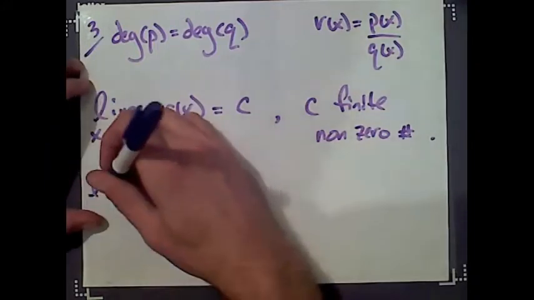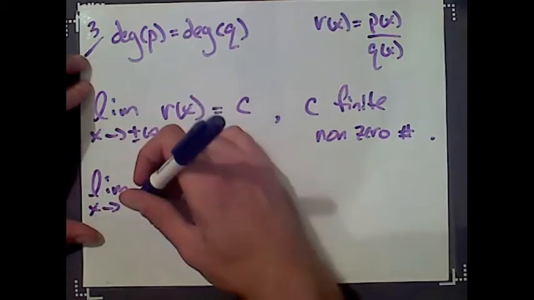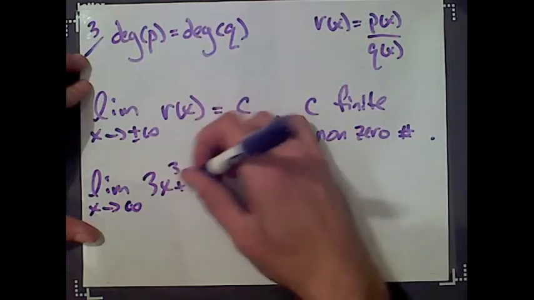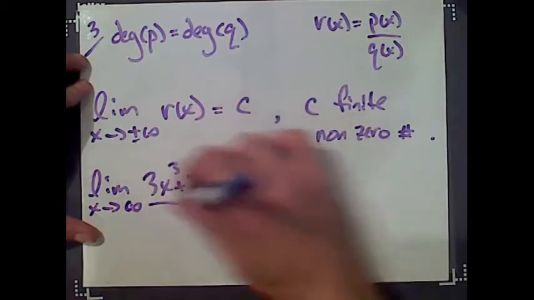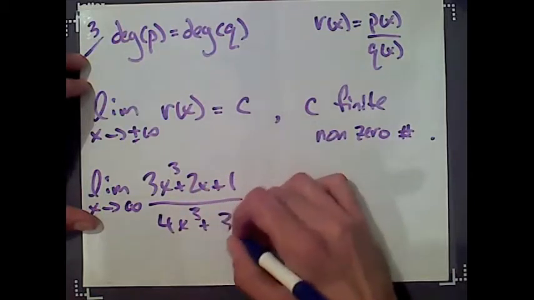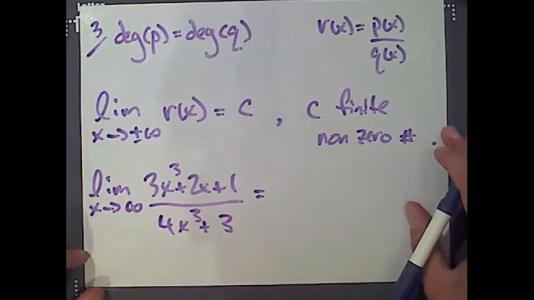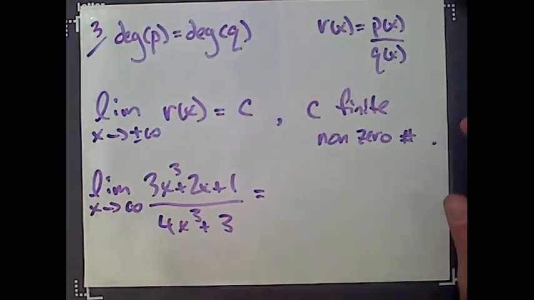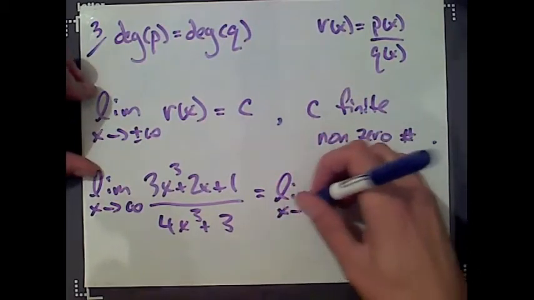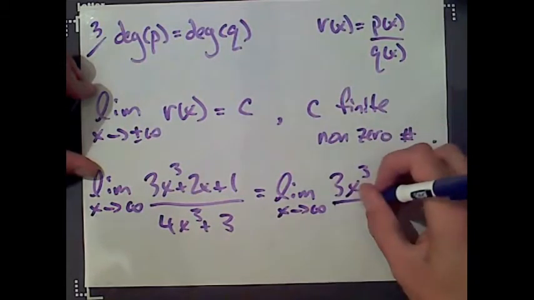So let's take an example. X is approaching infinity. We're going to take 3x cubed plus 2x plus 1 divided by 4x cubed plus 3. Here, the degree of the top is 3, and the degree of the bottom is 3 as well. So here we take the leading terms. We get 3x cubed over 4x cubed.